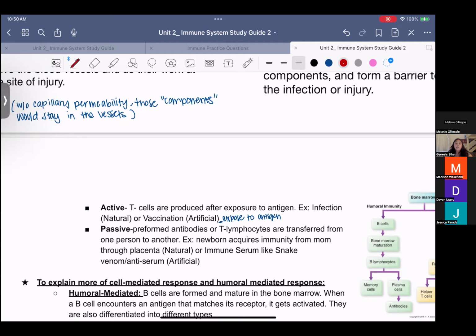So if you were to get sick again, your immune response would be better off to fight off that infection, and it might not cure your infection. It's not saying that you're never going to get this infection again. It's just helping your immune response to have a better response to it next time. And additionally, you're not feeling as sick, you might be able to handle it better, things like that.